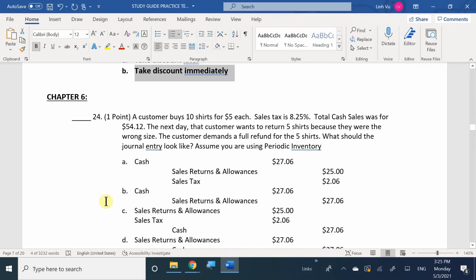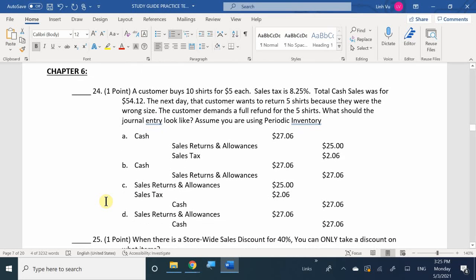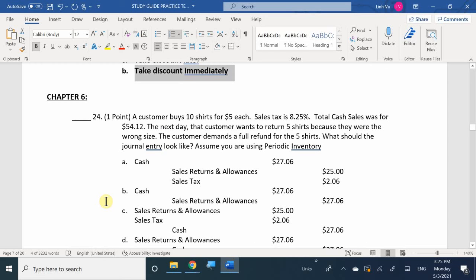Let's go ahead and move on to chapter 6 here. So chapter 6 asks, if a customer buys 10 shirts for $5 each, and sales tax is 8.25%, total cost of sales was $54.12.